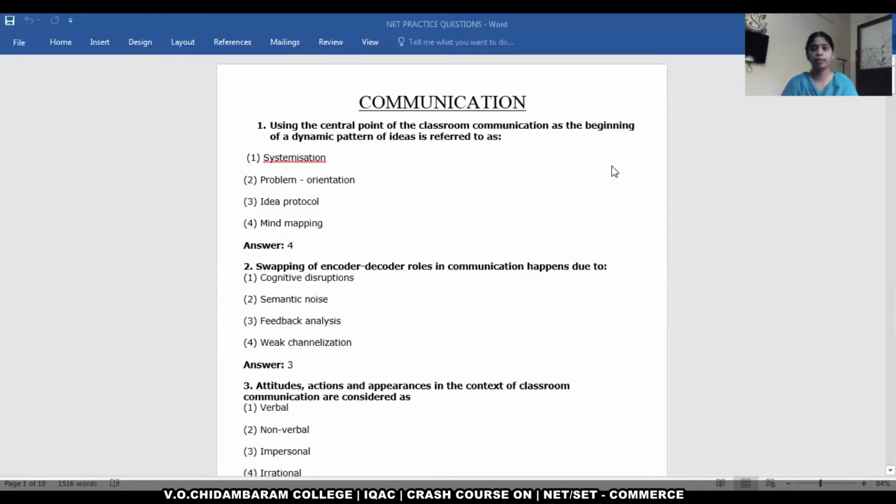What is meant by systemization? It's an organized structure. Problem orientation, you know what is meant by problem. Idea protocol, it's rule, so rule based ideas. And then mind mapping.